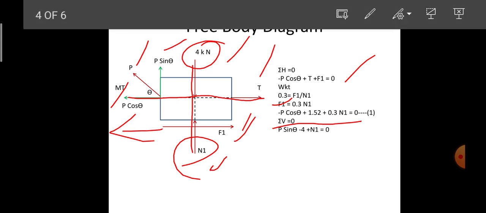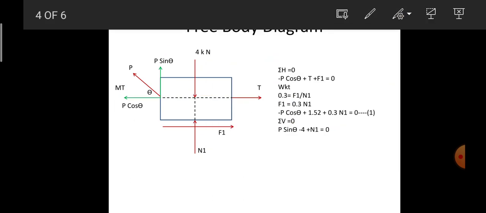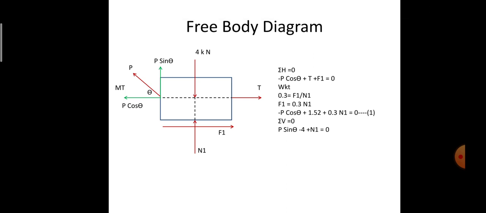Upon simplification I get P sin theta minus 4 plus N1 is equal to 0. To calculate easily, express N1 in terms of theta and P. So N1 is equal to 4 minus P sin theta.